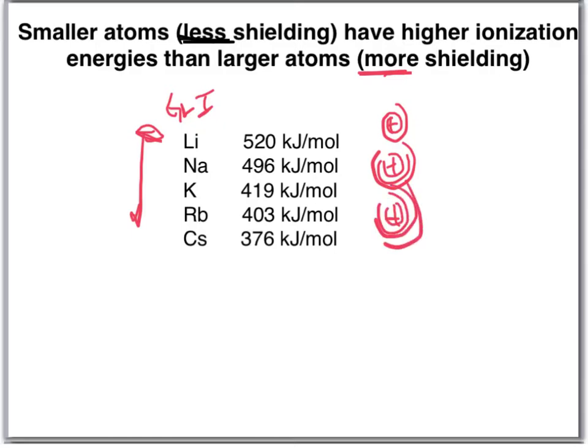Lithium's valence electron configuration is 2s1, sodium's is 3s1, potassium's is 4s1. As we add an energy level, it becomes easier and easier to remove that outer electron because of all the shielding. See how the ionization energies decrease. Or another way to look at it is ionization energy increases as we go up.